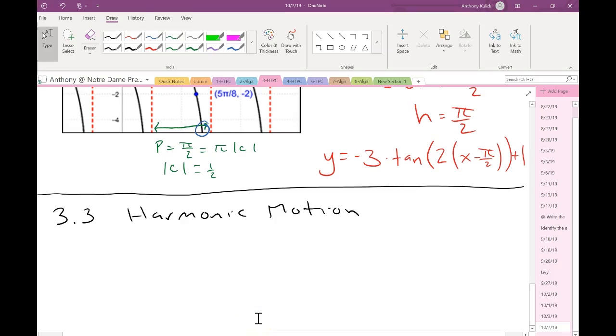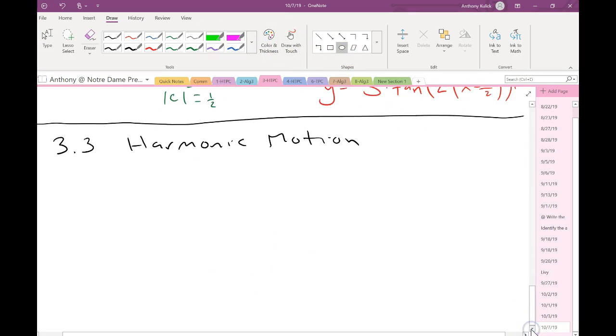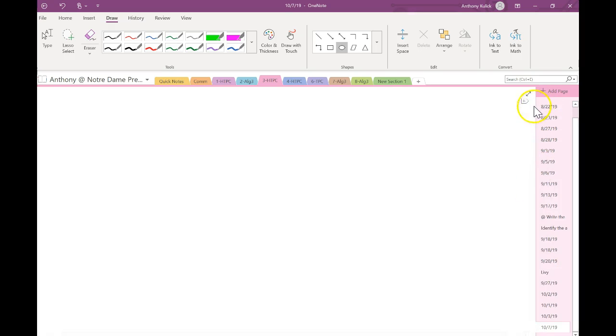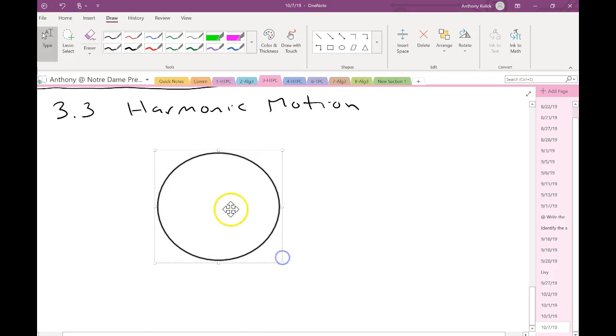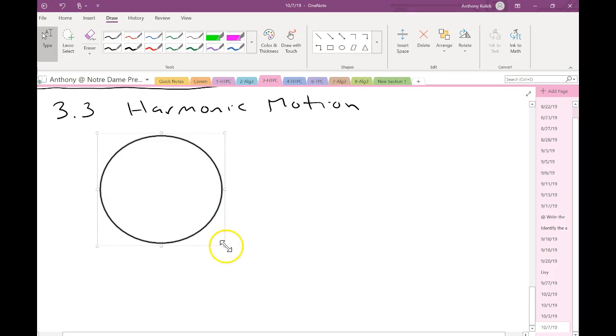So in section 3.3, we're going to be talking about harmonic motion. When we talk about harmonic motion, we're talking about situations where we have an object that's rotating. So imagine that we have a Ferris wheel or something like that.